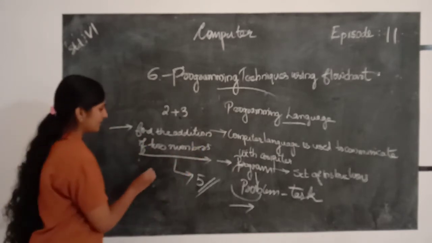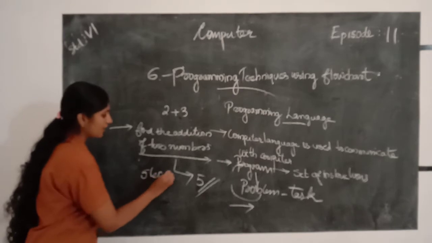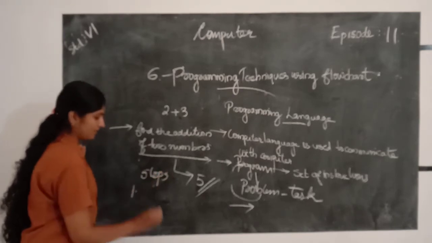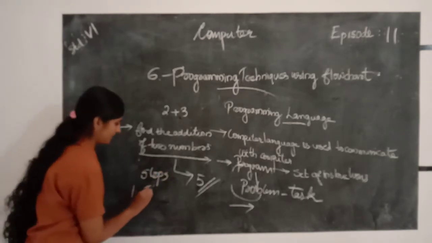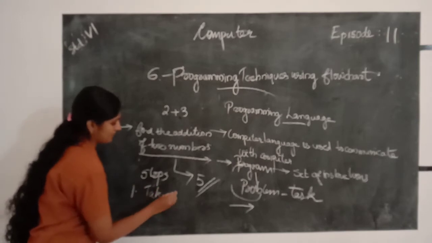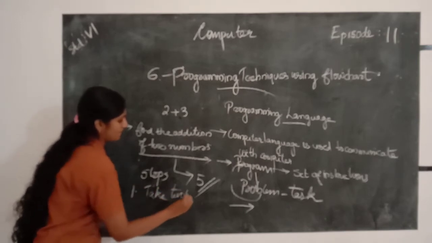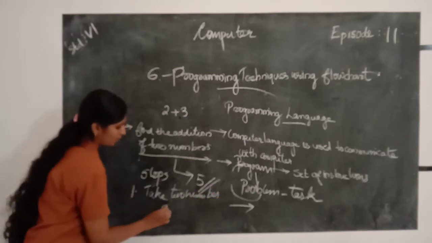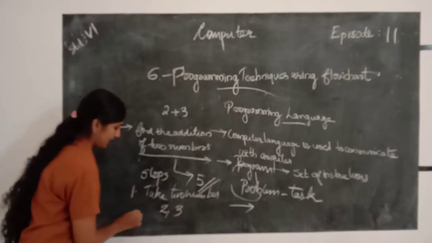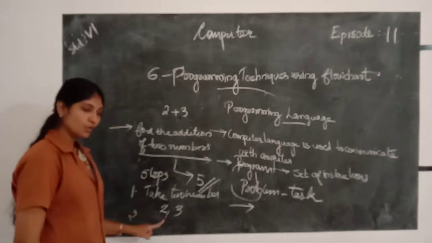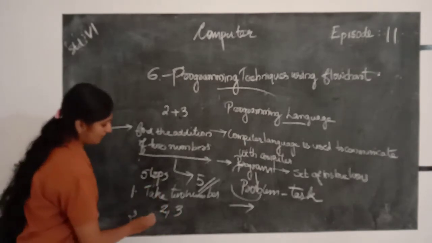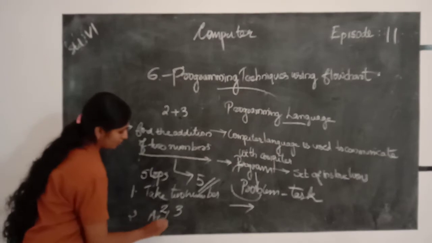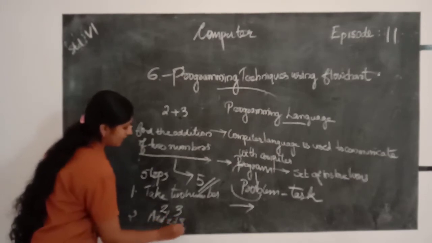For example, step 1: take two numbers. Let's take 2 and 3. Then second step, add 2 plus 3. How to add?